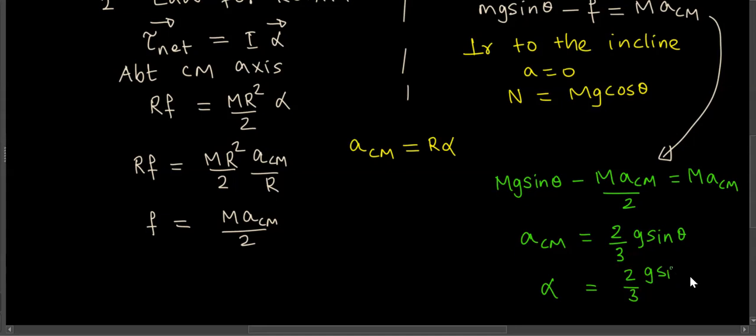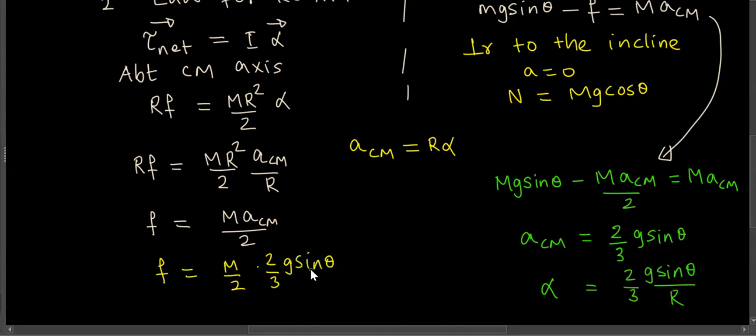So there are plenty of things that we are able to answer at one shot. And then once we have this, we can get friction force. You have M ACM, right? So, sorry, you have ACM, which is 2/3 g sine theta. I can substitute here. So I have m by 2 into 2/3 g sine theta.